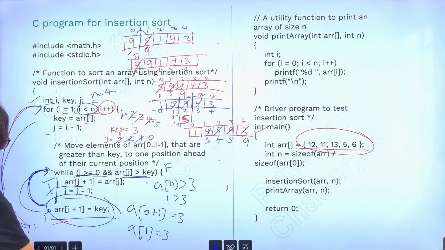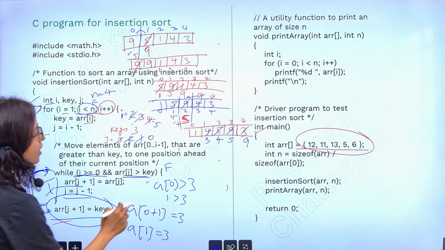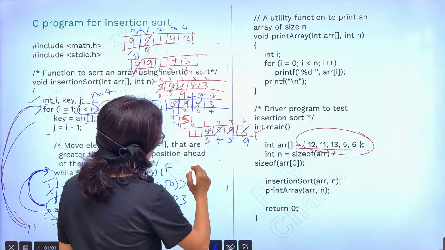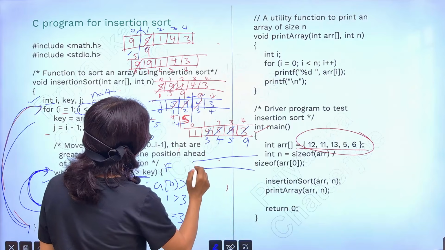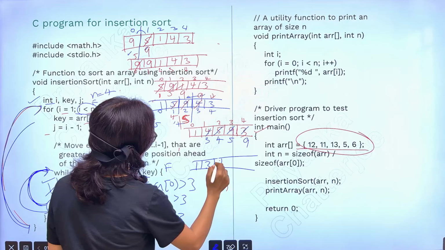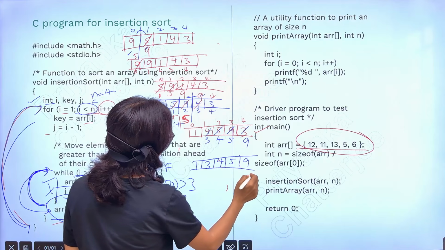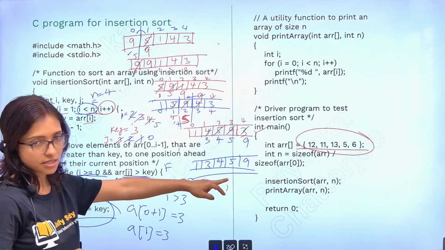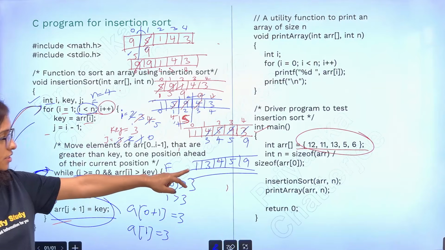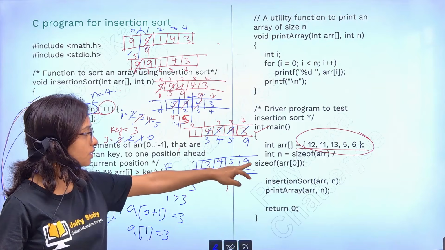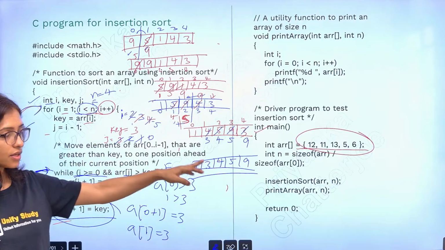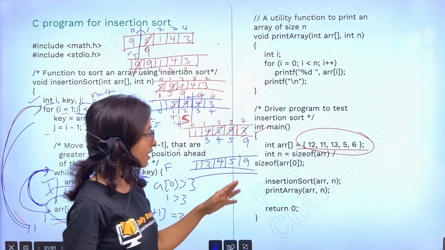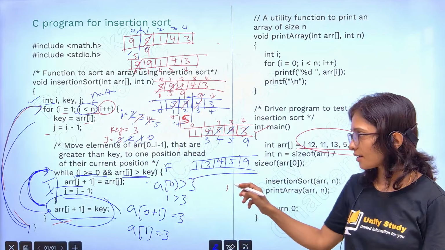I am going to end my loop, and I got my sorted array 1, 3, 4, 5, 9. This is now sorted. So you end the loop and you get a sorted array.